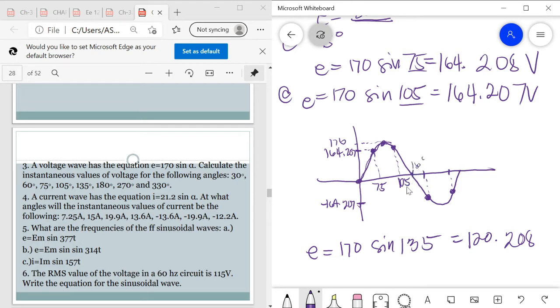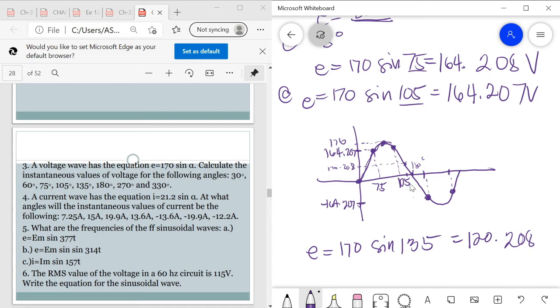This is 180 degrees. So, tama lang na bumaba kasi ito yung 105. Siguro nandito yung 135. So, ito yung value ng 120 natin. 120.208. Ito yung angle 135. So, next is 180. So, sine 180 is 0. Nandito yung 0 natin at 180.